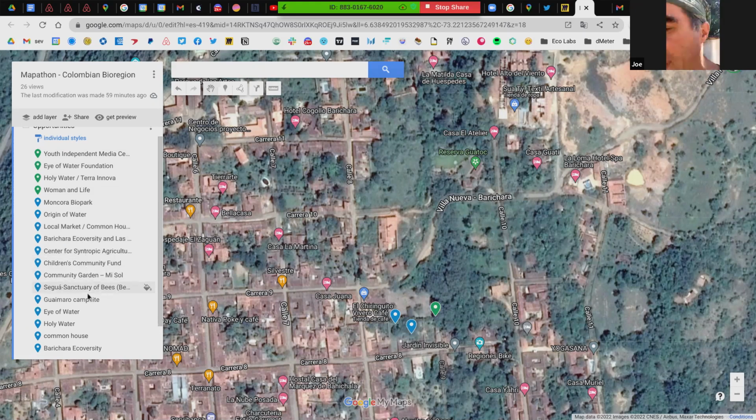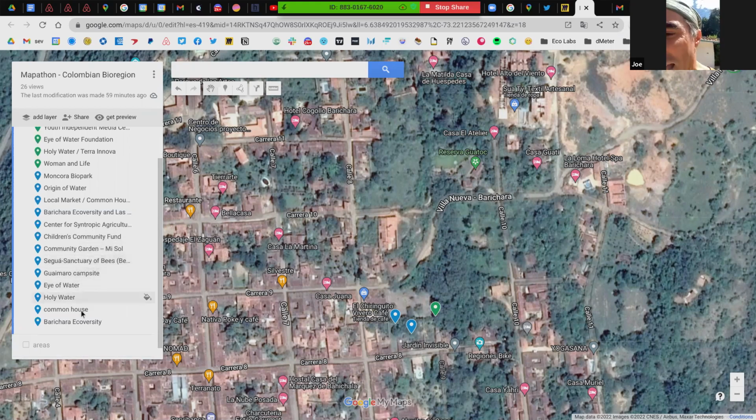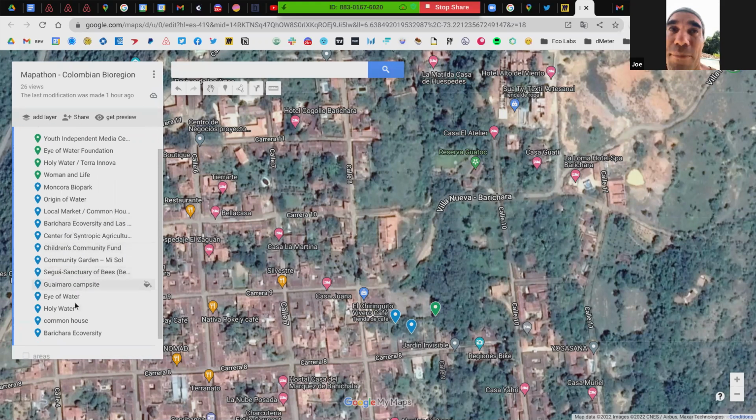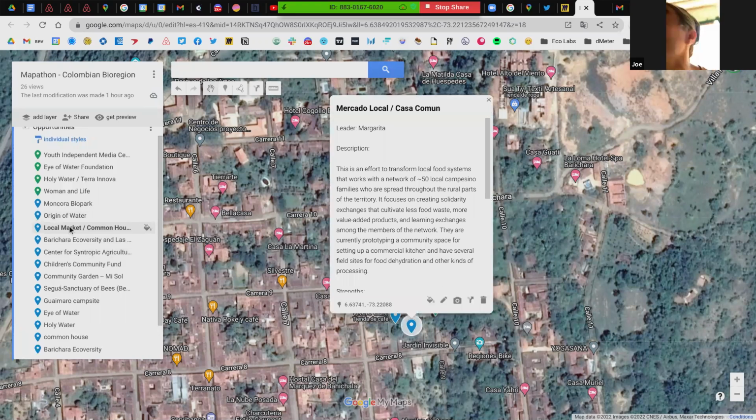I would say the Casa Común, the community house and the community market. And also the internet's come back on. As I go back inside, I may lose signal for a moment, but then I'll jump back on my computer. Sounds good. Let's see if I can do that. Where's the Zoom link? I hope it's up above.